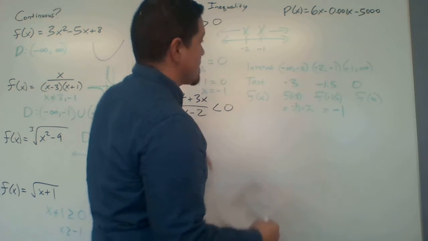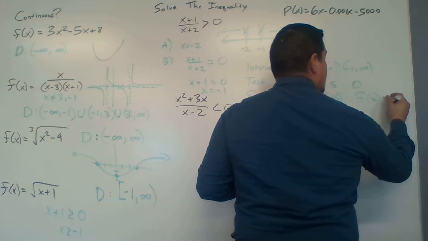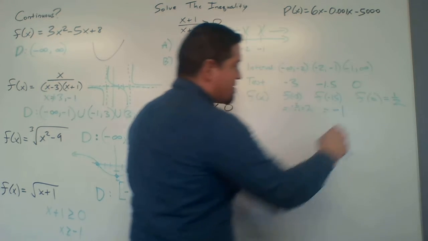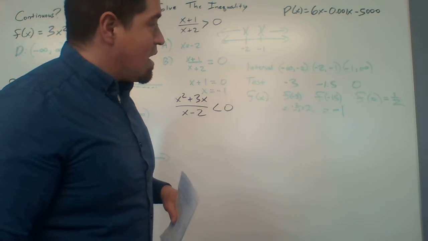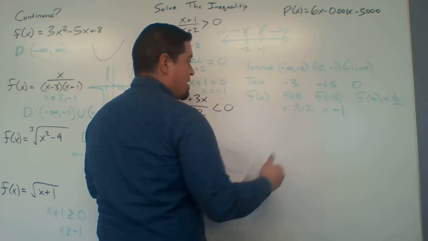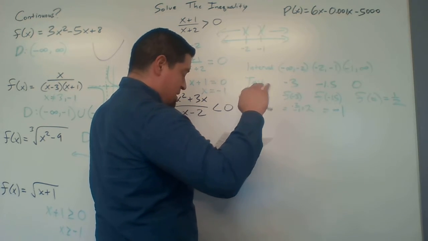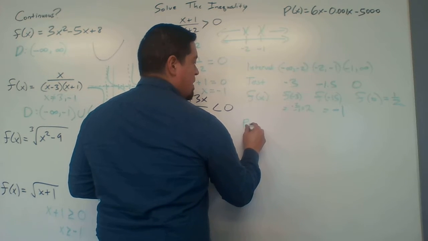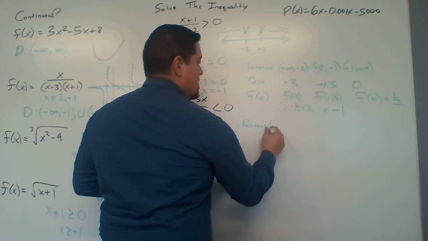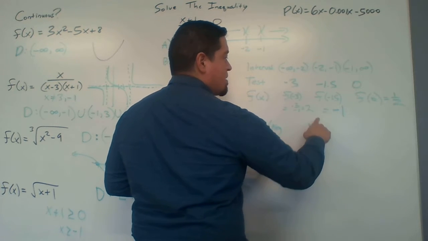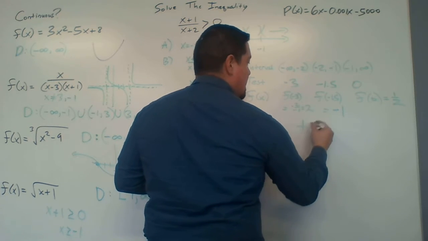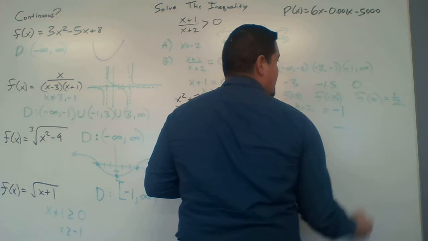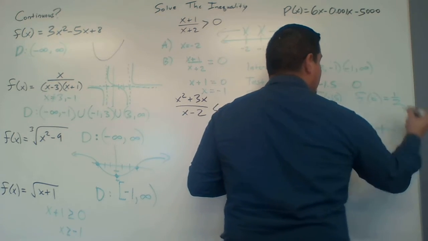F of 0 is just going to be 1/2. And really, I don't actually care about the numbers. What I care about is whether it's going to be positive or negative. So positive, negative, positive, that's the final result. Obviously, that's +2, so it's positive. That's a -1, so that's negative. That's +1/2, so that's positive.